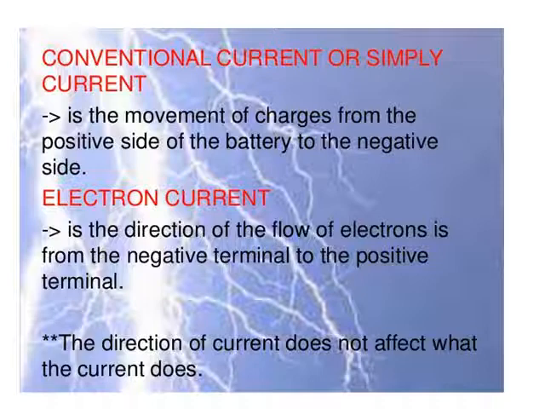Conventionally, in an electric circuit, the direction of electric current is taken as opposite to the direction of the flow of electrons, which are negative charges. If a net charge of Q flows across any cross-section of a conductor in time t, then the current I through the cross-section is I is equal to Q by t.